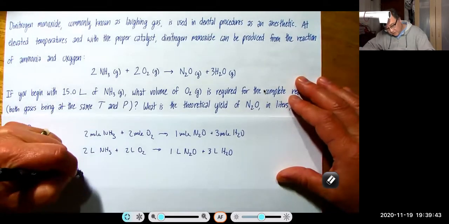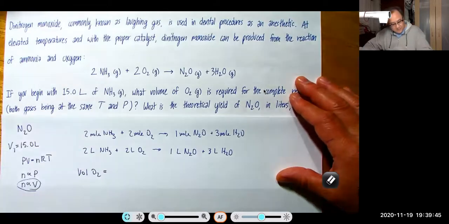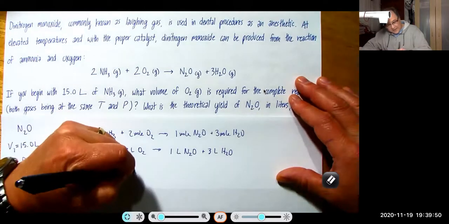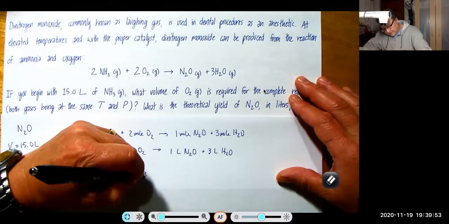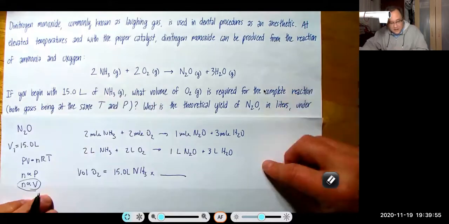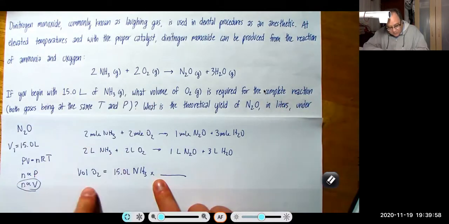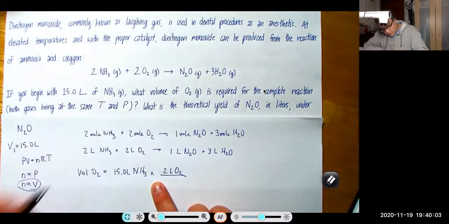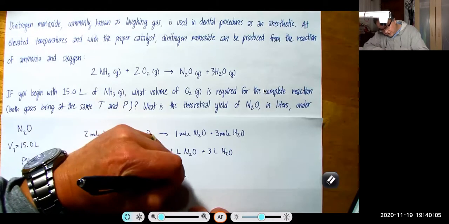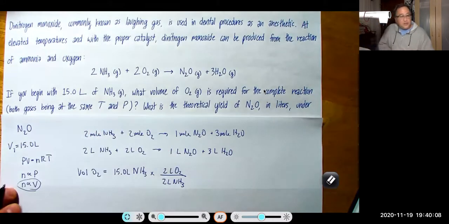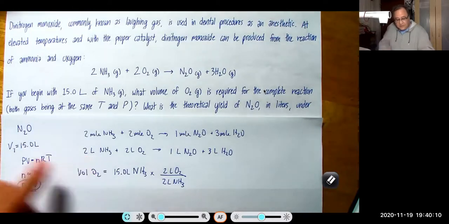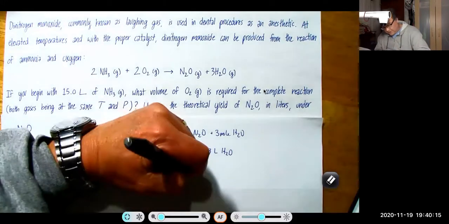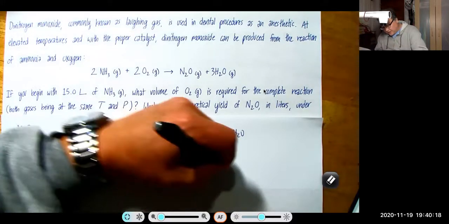The volume of O2 is going to be 15 liters of NH3 times, since I want the volume of O2, 2 liters of O2 over 2 liters of NH3, because the mole ratios are 2 to 2. The liter ratios are 2 to 2. So the answer is 15.0 liters of O2.